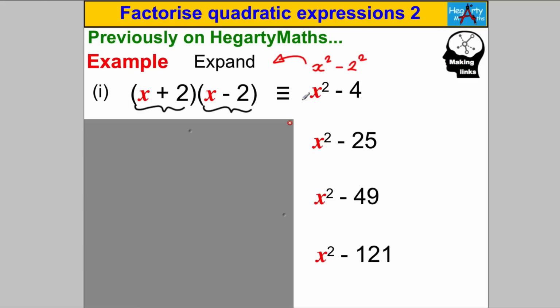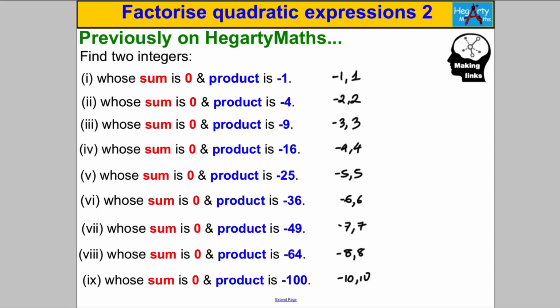Or you can look at it as we looked at these in factorising expressions 1 skill. You could think of two numbers that, well, we've really got x squared add 0x, take away 4. You could think of it as two numbers that have a product of negative 4 but sum to 0. And they've got to be 2 and negative 2 like we did in our starter here.